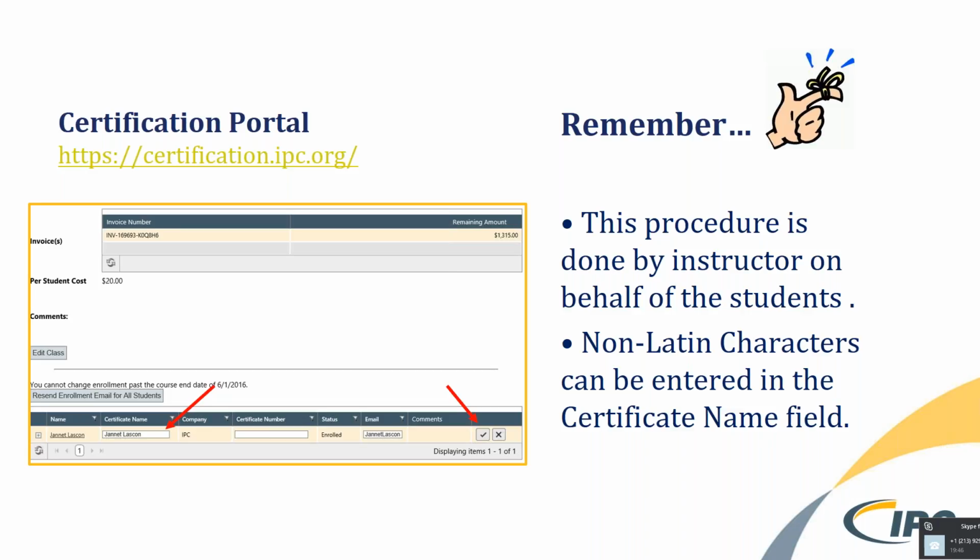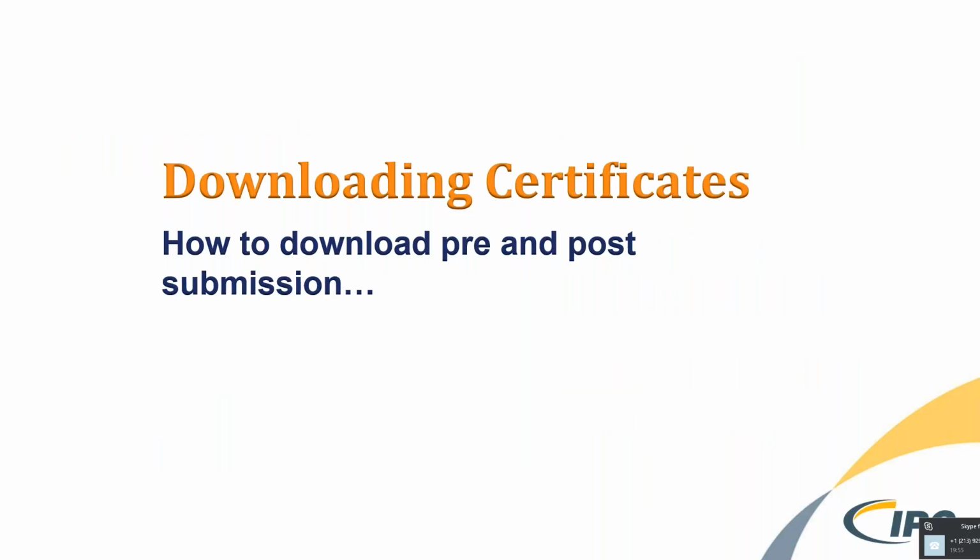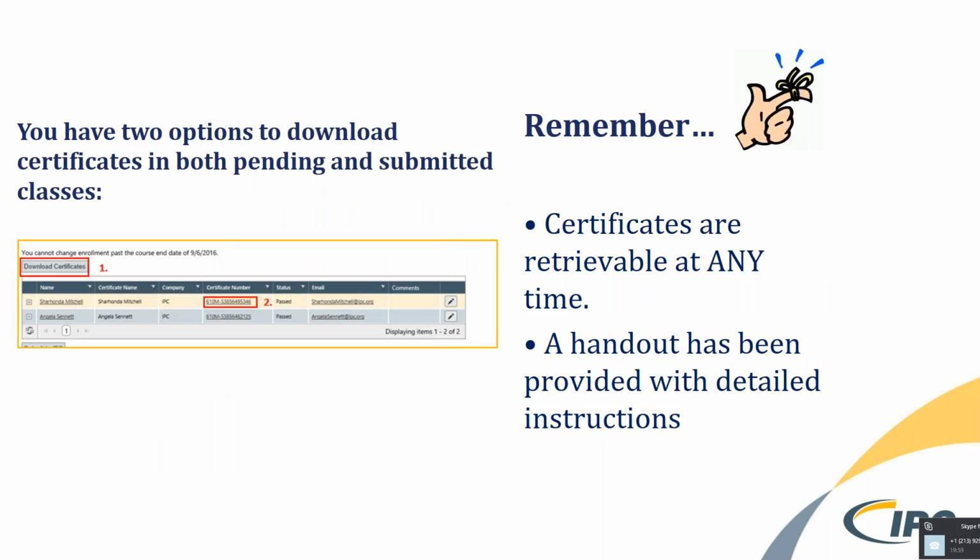We will not put their name in the database with those non-Latin characters, but you can at least get their certificate printed with that information. And the downloading of the certificates is available both pre-submission and post-submission.